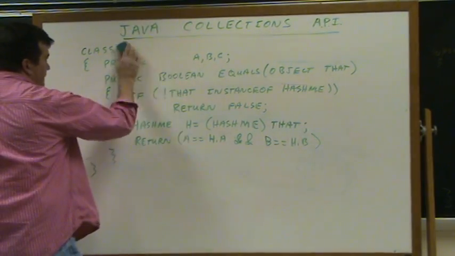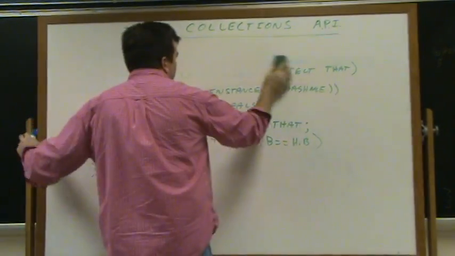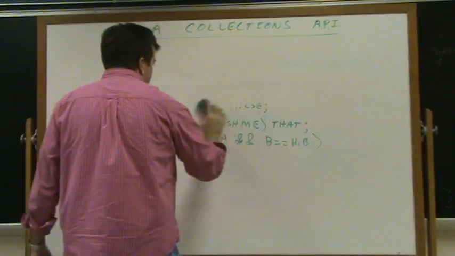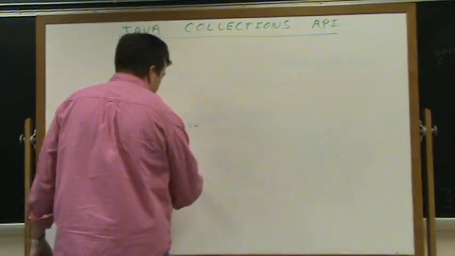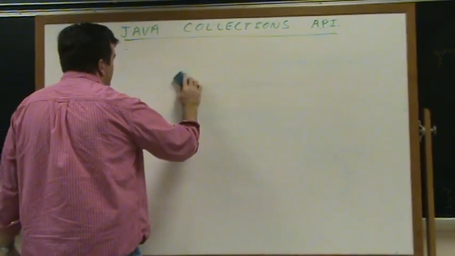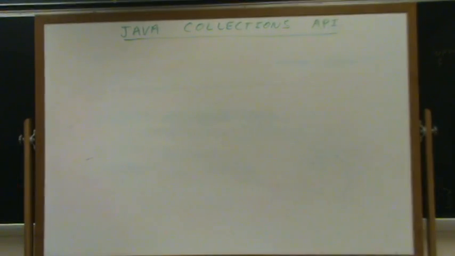Let's look at a different collection. We'll look at vectors. Well, wait, no, let me do one more function we might have to override. Let's do a hash set. Wait a second.